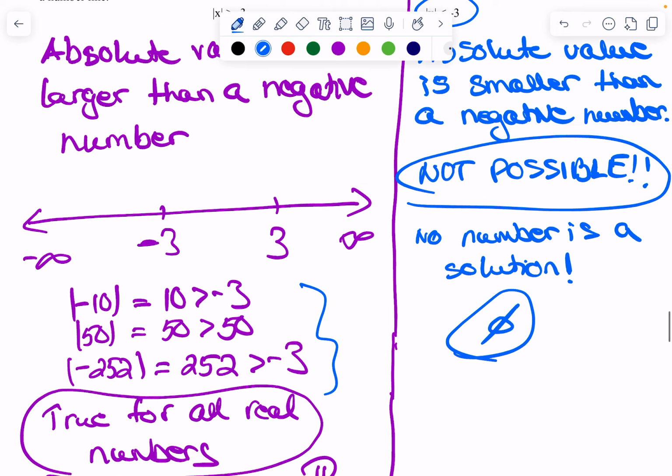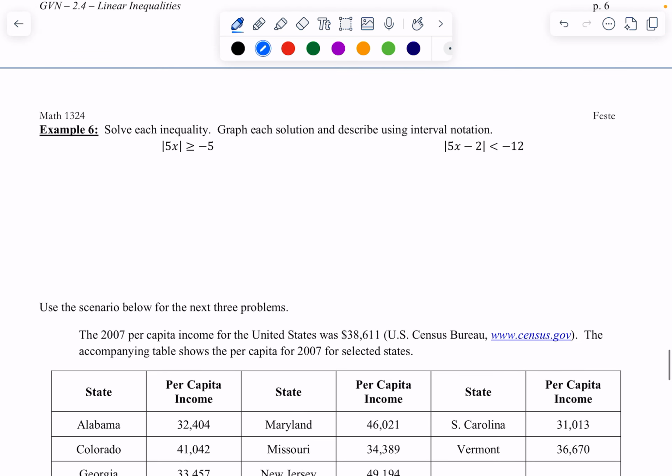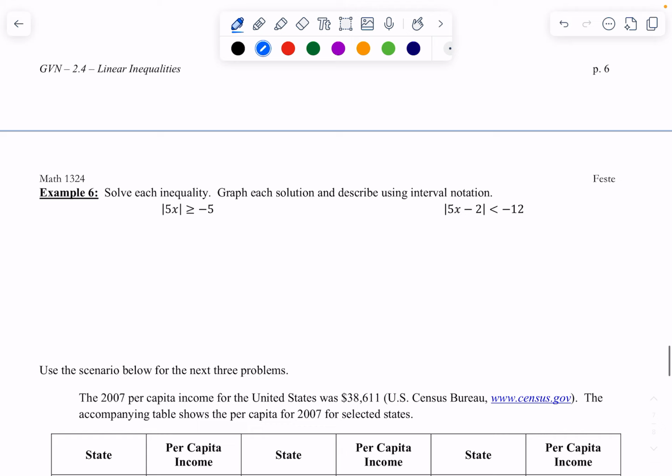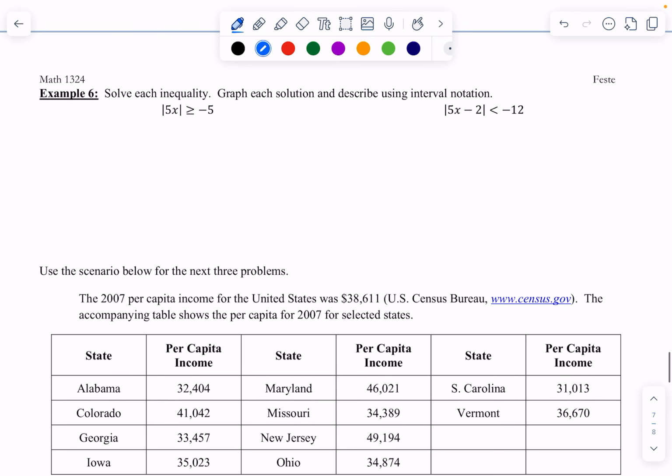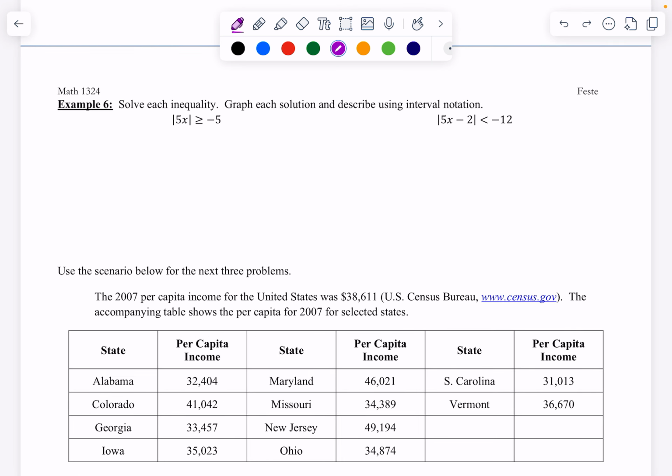Okay, so let's look at an example here. Solve each inequality, graph each solution, and describe using interval notation. Okay, so the first one is absolute value of 5x is greater than or equal to negative 5. What did we just learn? It's greater than a negative. It is going to be all real numbers.